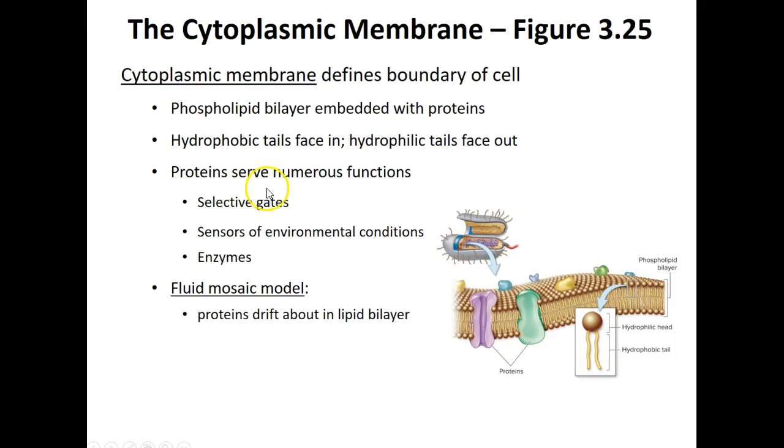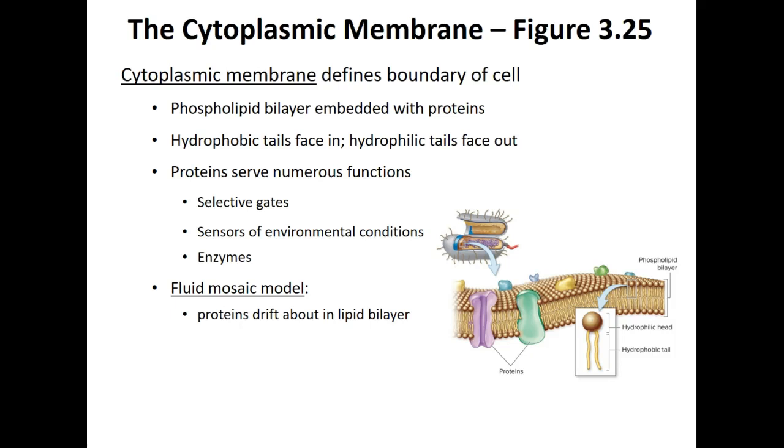The proteins, as they do with most cell membranes, can be channels or gates, serve for cell signaling, also can possibly be enzymes. It does follow that same fluid mosaic model that you heard about in general biology, meaning that the components within that cell membrane can shift and move back and forth. They don't flip-flop from one face to another, but they can kind of just drift, so to speak, throughout that surface.